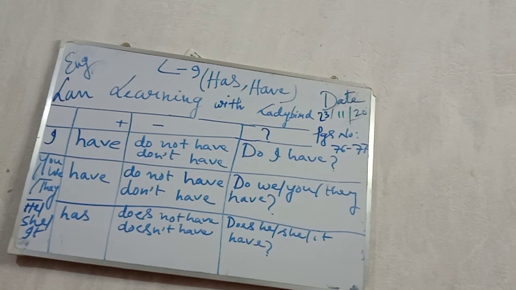What are the differences between these? I will show it on the board. We can also use possessive pronouns and possessives to talk about what we have, what we own, what we possess.